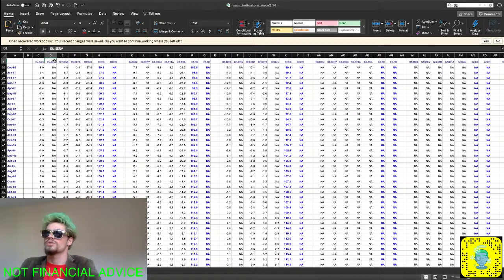Now, it gives us numbers for each of these categories for the European Union, but it also gives us numbers for the Eurozone. The European Union is a unionized group of countries inside of Europe, but this doesn't necessarily include every single country in Europe, whereas the Eurozone does, for the most part.